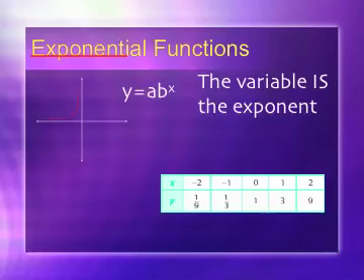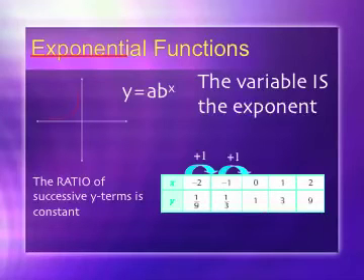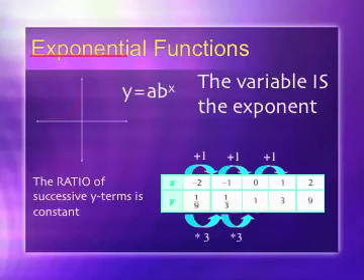If I give you a table of values, you can tell that that represents an exponential function, again by comparing how x changes, in this case x goes up by 1, with how y changes. Instead of getting a set number added to it every time, y now gets multiplied by the same number each time.